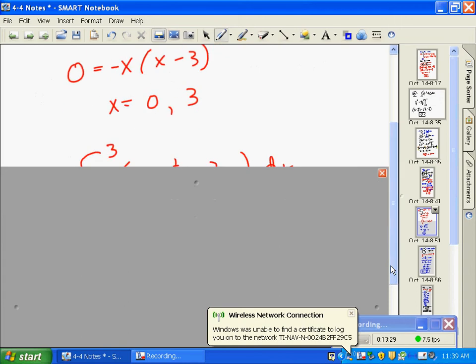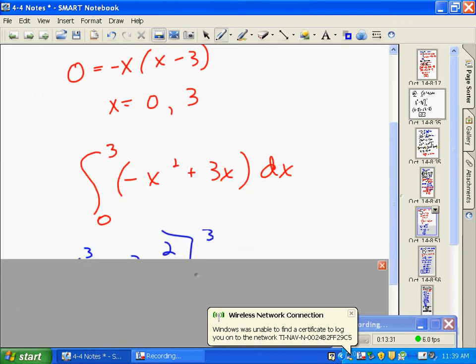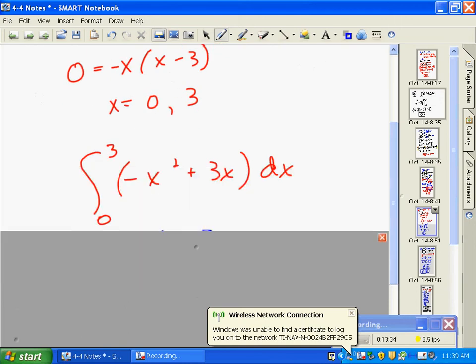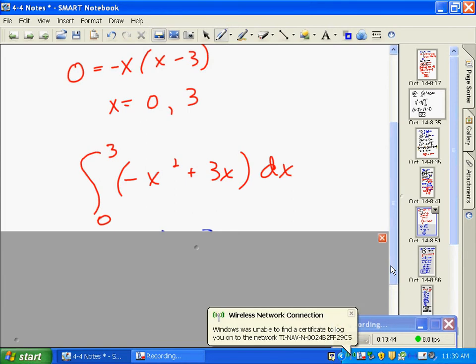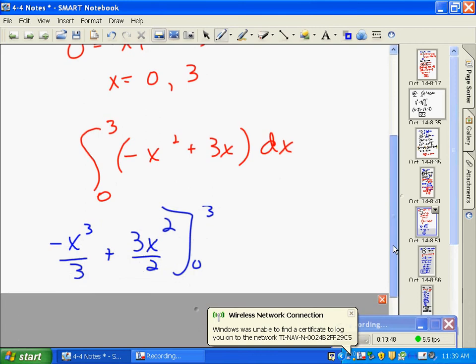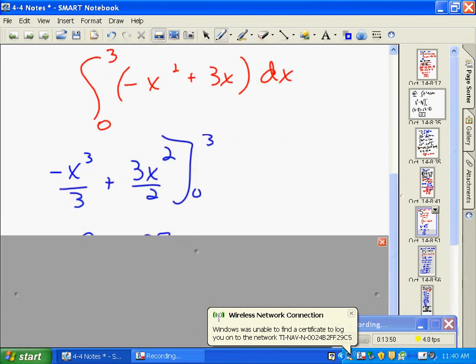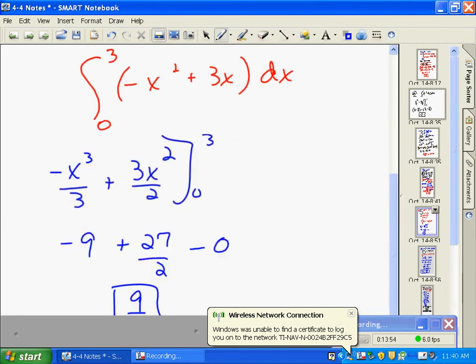That tells me right there how I need to set up my problem. I have the integral from 0 to 3. My integrand is negative x squared plus 3x, and we're finding the integral with respect to x. Okay, so there's my antiderivative, and there's my whole problem.